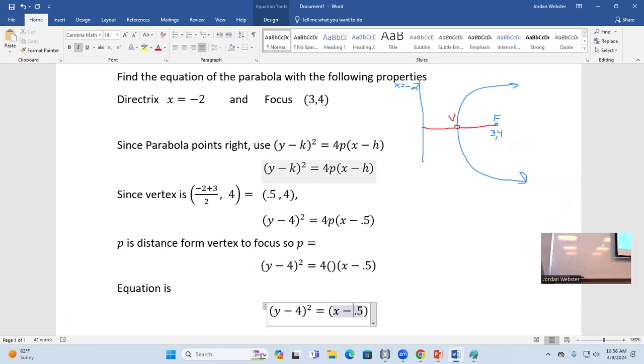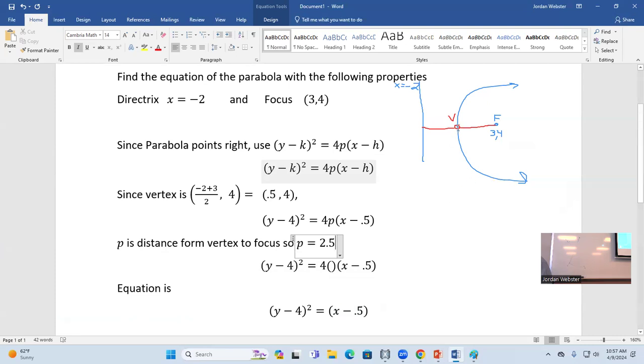All right. Now, what's the p? Well, the p is the distance from the vertex to the focus. If 0.5 is the x value of my vertex, to go to my focus, 0.5 to 3 is a p-value of 2.5. And it is going to be positive because we're pointing to the right.